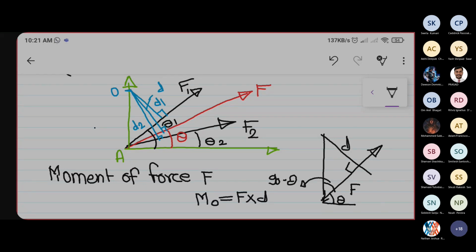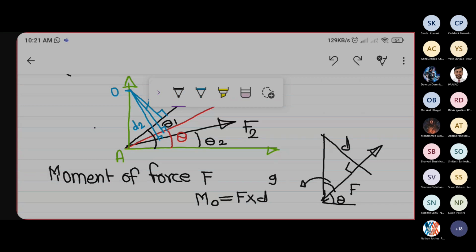Earlier I gave one trick. Do you remember? The angle between these two lines is theta.